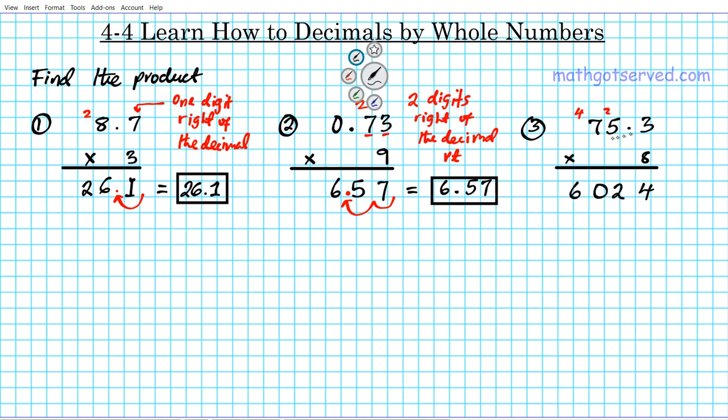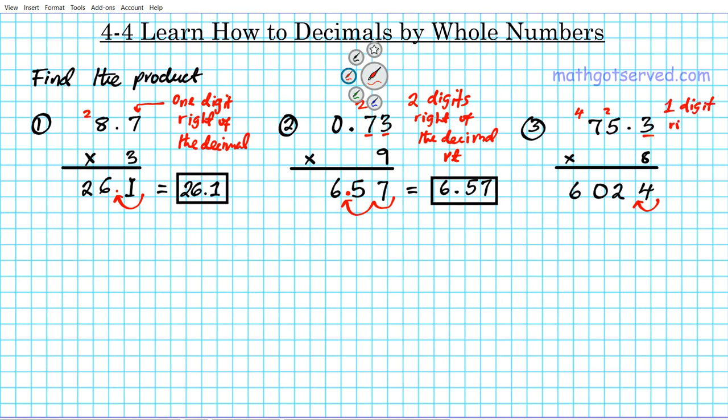But we have a decimal. Our multiplier has 1 digit to the right of the decimal point. So what does that do to our product? It moves the decimal point 1 digit in the opposite direction.